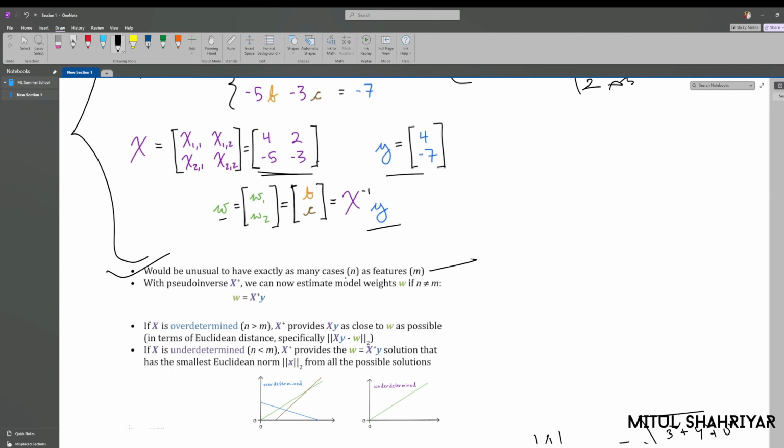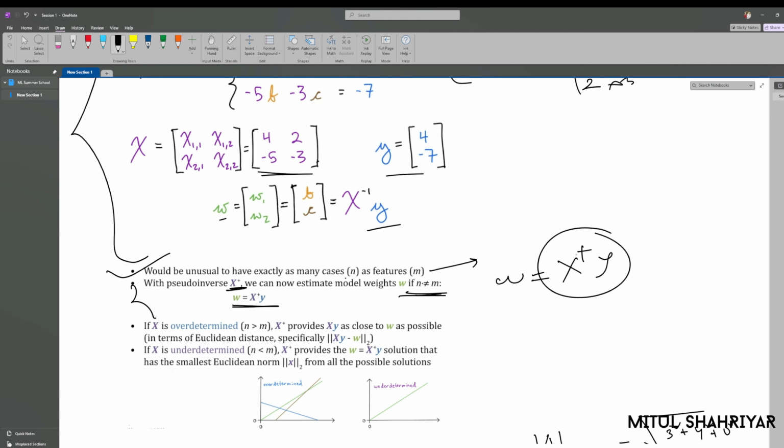If you just want a square matrix, it might be unusual. It is not guaranteed that you will have exactly the same number of rows and columns. So using x pseudo inverse, you can solve this problem when you don't have the same number of rows and columns. Then w will be x pseudo inverse y. Isn't it awesome?